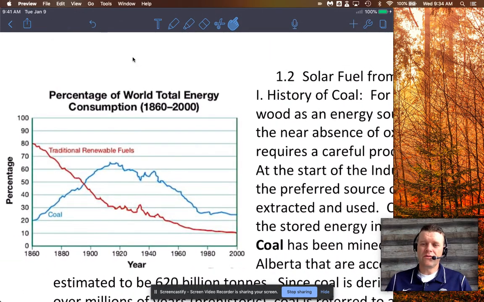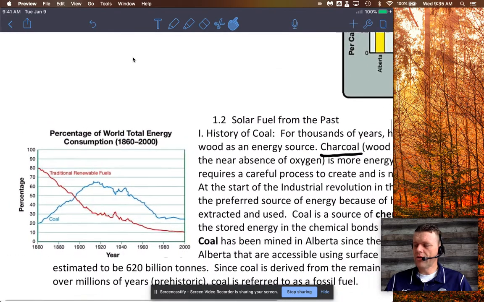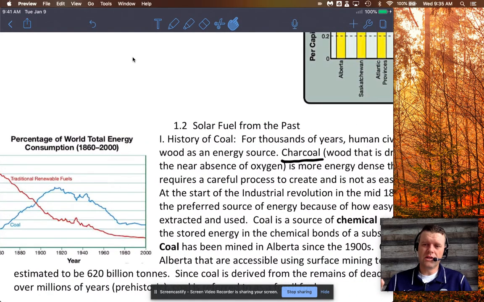For thousands of years, humans just burned wood for energy. Actually, I'm not sure of the history of charcoal. I noted that charcoal is wood that's baked at high temperature in almost the absence of oxygen, so you don't see flame. But if you've ever used charcoal briquettes or just charcoal in general, it's a really effective and concentrated heat source.